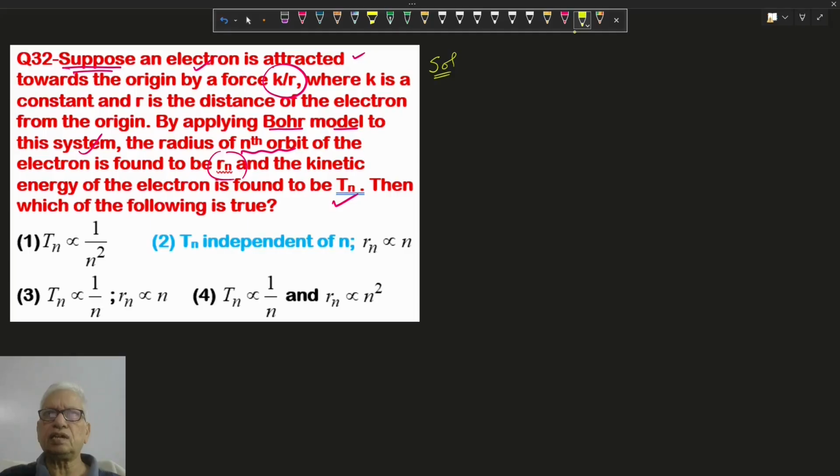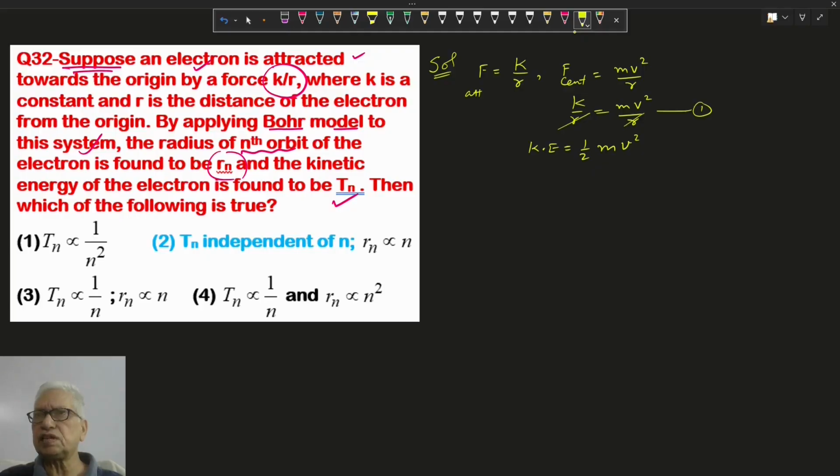As per Bohr theory, this force is K constant upon R. This is the attraction force between the electron and the nucleus, and this is balanced by the centripetal force mv square upon r. We equate K upon R equal to mv square upon r, and cancel out. So for the kinetic energy half mv square, putting the value of mv square as K simply, it is K by 2. The kinetic energy does not depend on n, only the radius does.